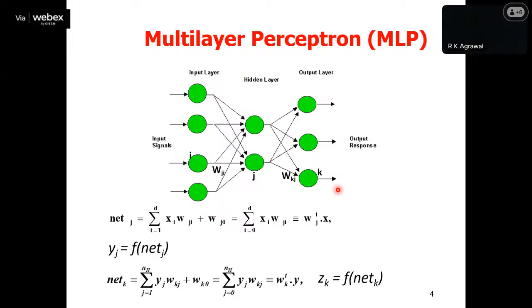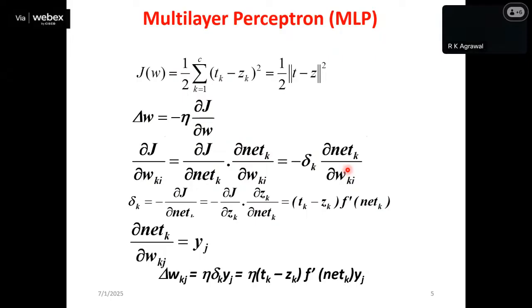But for this sample, let's assume that we want to have output t1, t2, t3, tk. So there is a difference between the output given by the machine and the expected output. So what we do in this case is compute the error, that is, what is the error for this set of weights and bias.